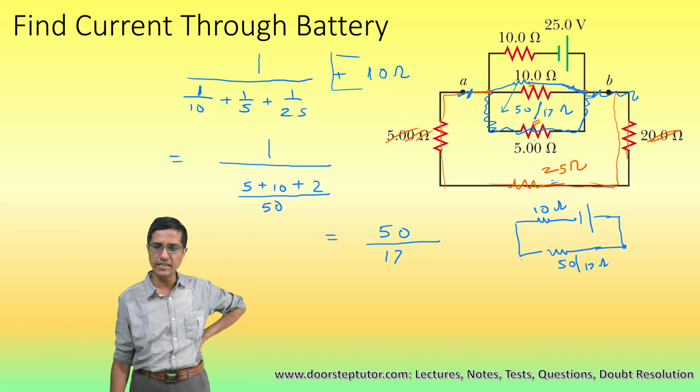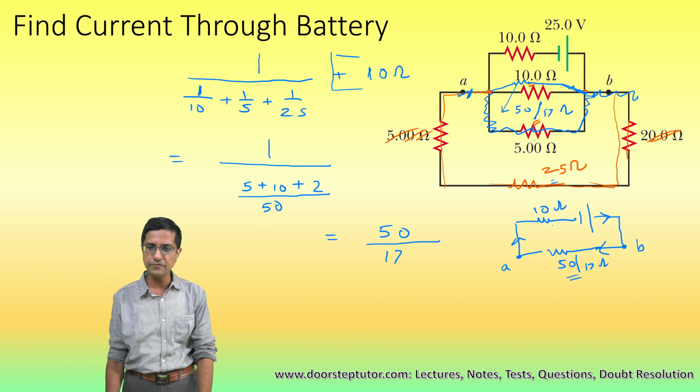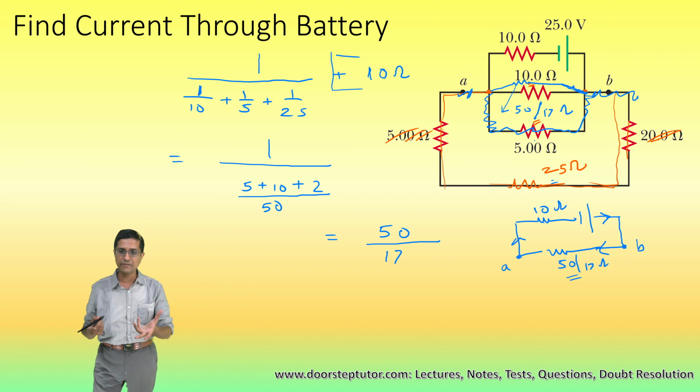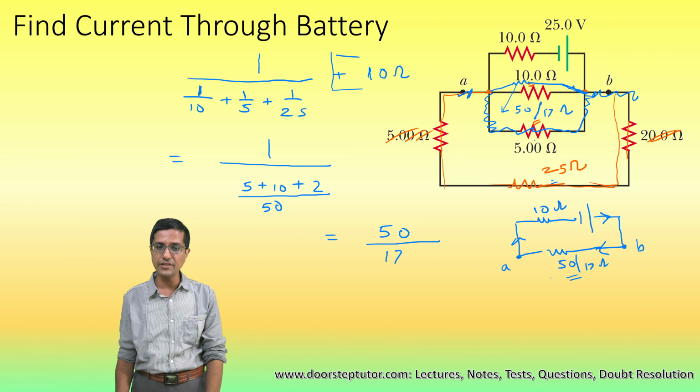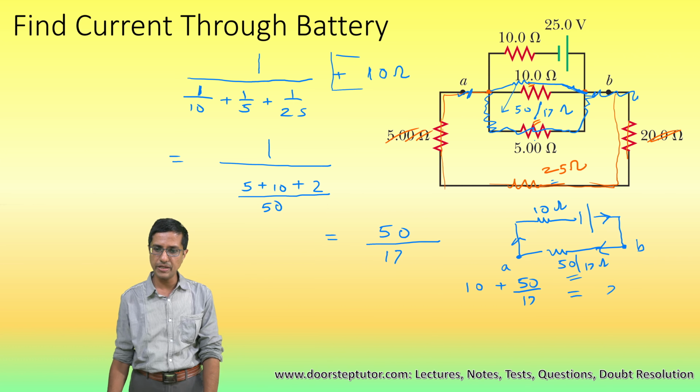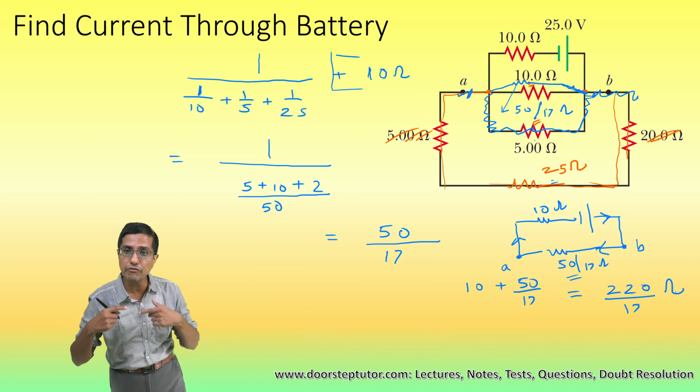These are our original terminals A and B. The same current is flowing through this 50 by 17 ohm resistance and the 10 ohm resistance, so they are in series and we can simplify further. This becomes 10 plus 50 by 17, which is 170 plus 50, that is 220 by 17 ohm. That is the equivalent resistance.